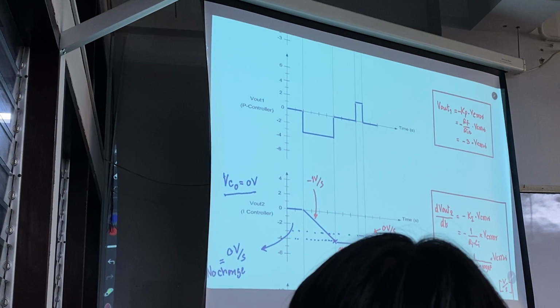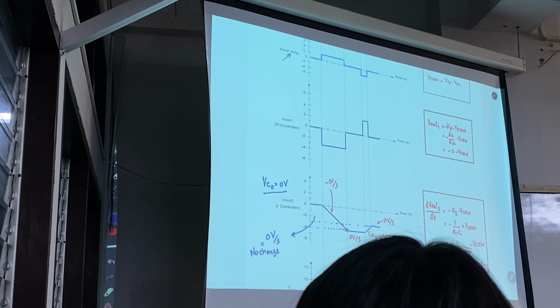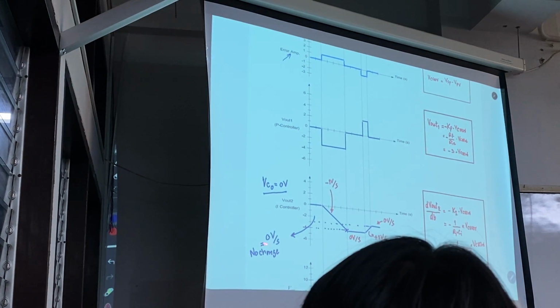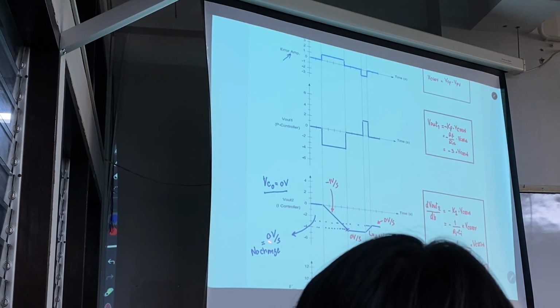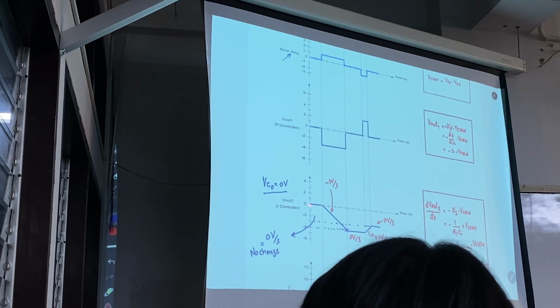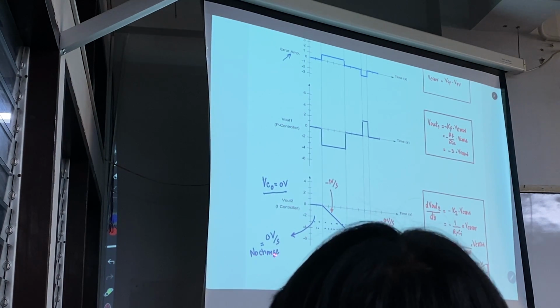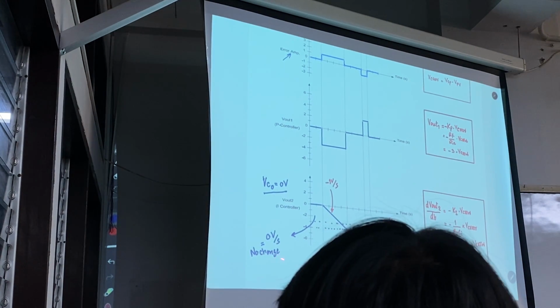So you simply substitute the Verror at each second here, and you will have this graph. If you get the result of 0 volt per second, it doesn't mean that you have to get 0 at the output, but 0 volt per second means no change of the voltage anymore.